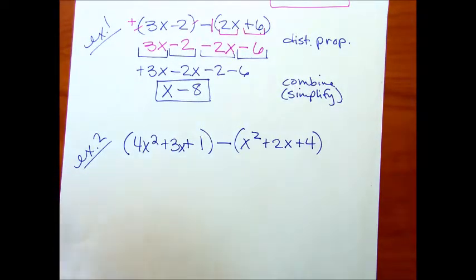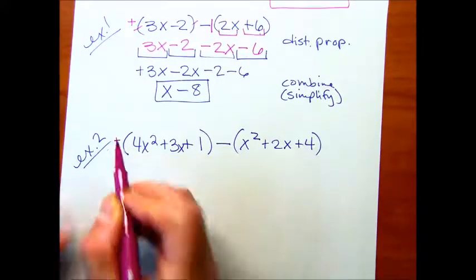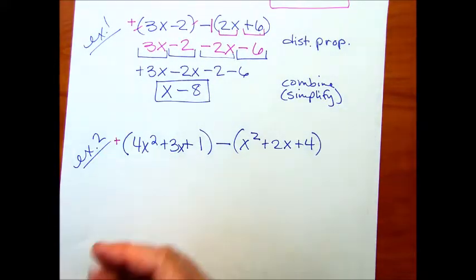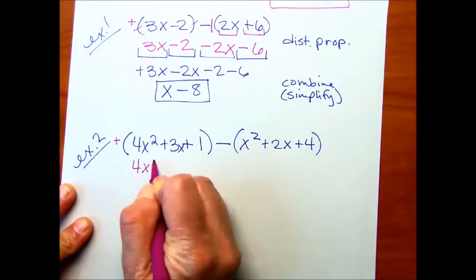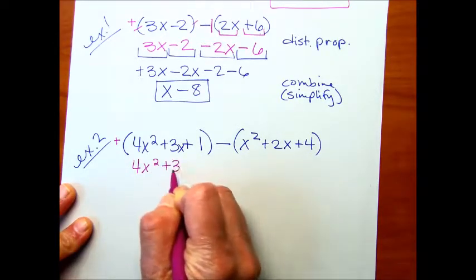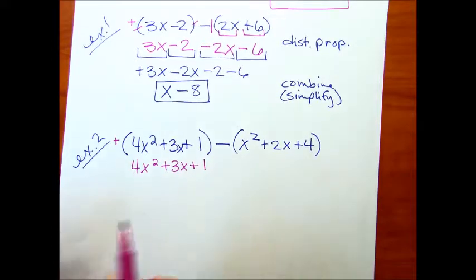Again, like last time, this is positive even though it's not written, so we can rewrite all of these terms down without the parentheses, and we don't have to change any of the signs.